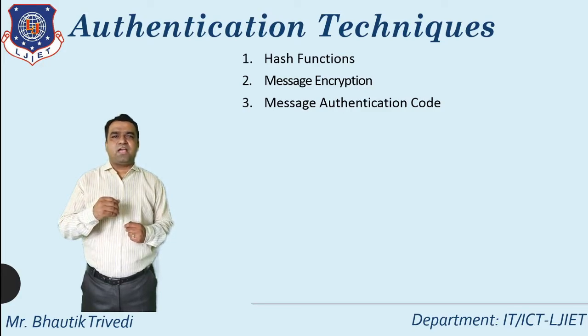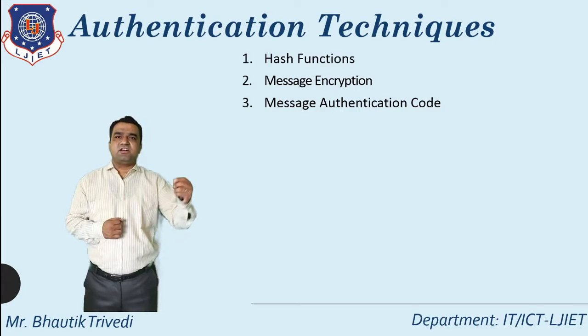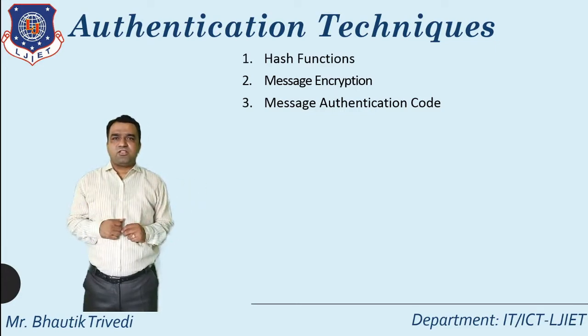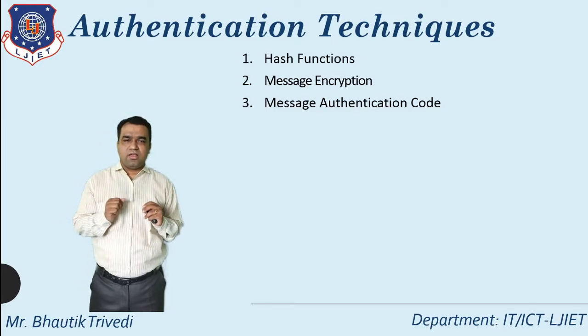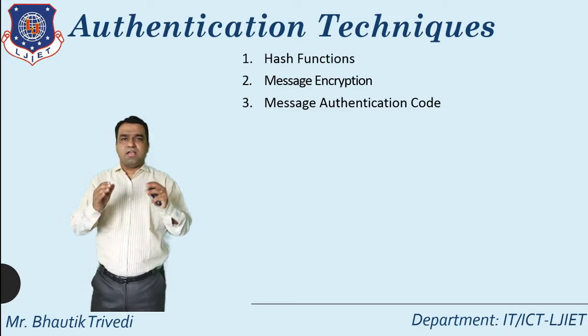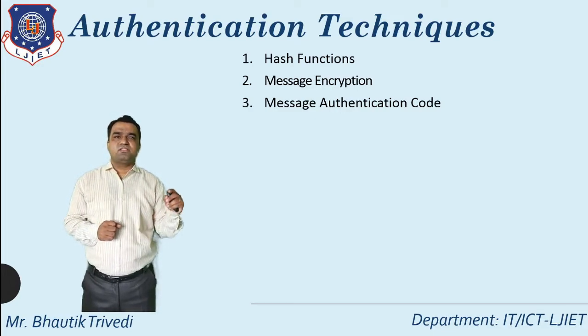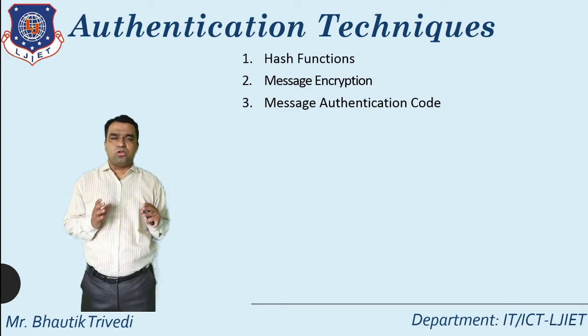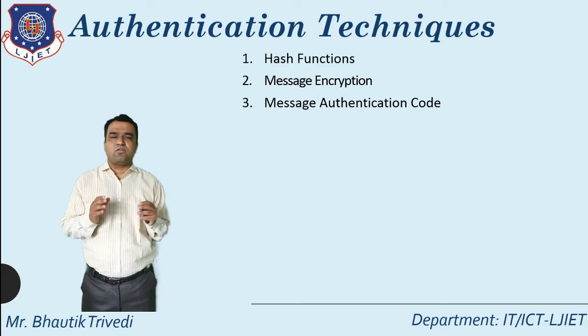Whenever I apply the hash function on a particular message, it directly generates H(M). And what is the meaning of H(M)? H(M) is known as a hash code. Second one, that is the message encryption, and third one, that is the message authentication code. So this is the talk about the authentication technique.